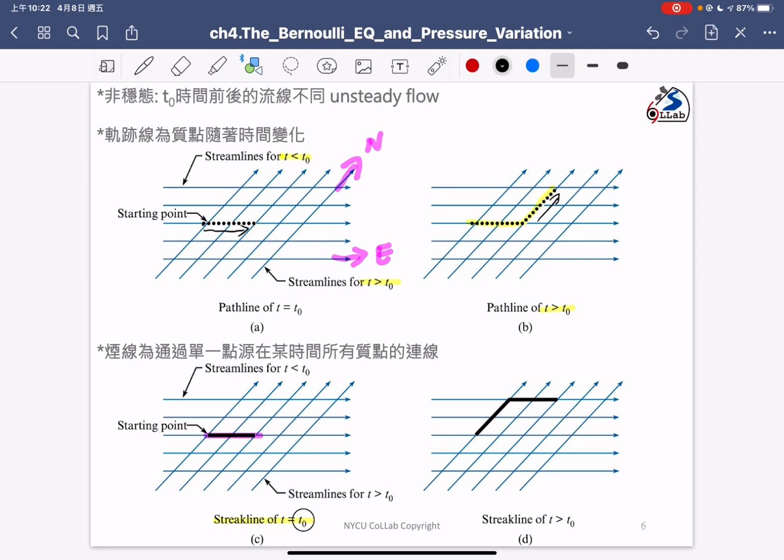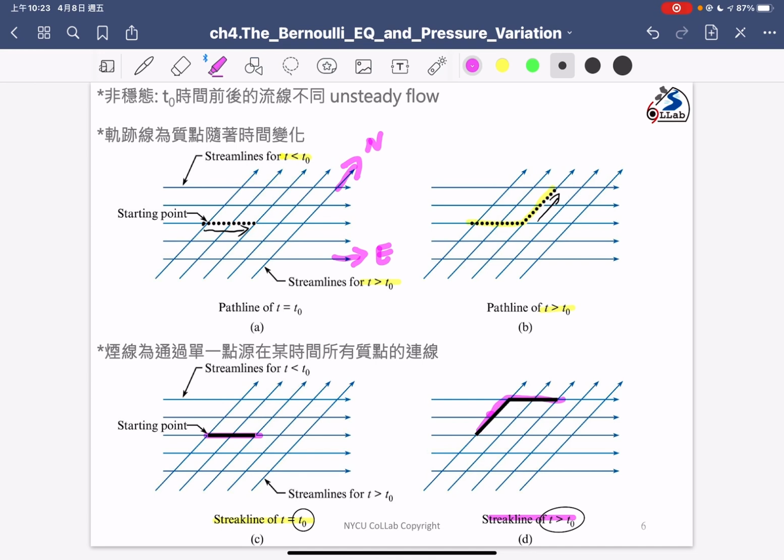And when t is larger than t0, we have a different condition at the time point here, but you see the streak line goes to the north first and then moves to the east. Okay. So how is it different?